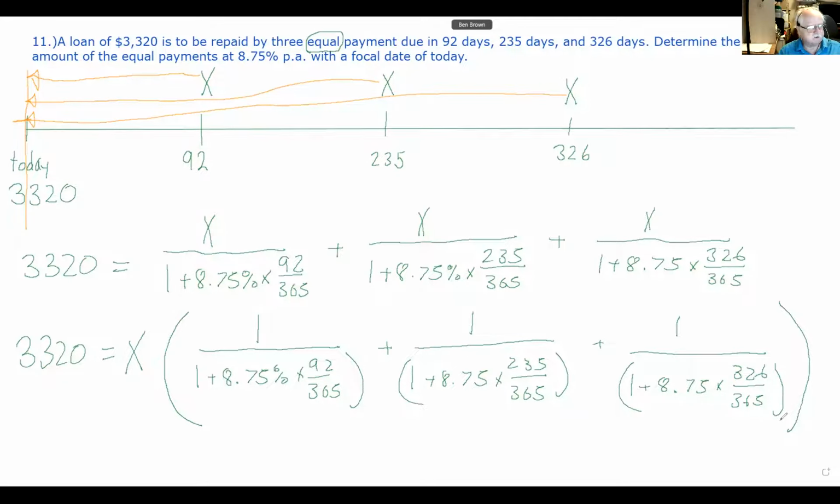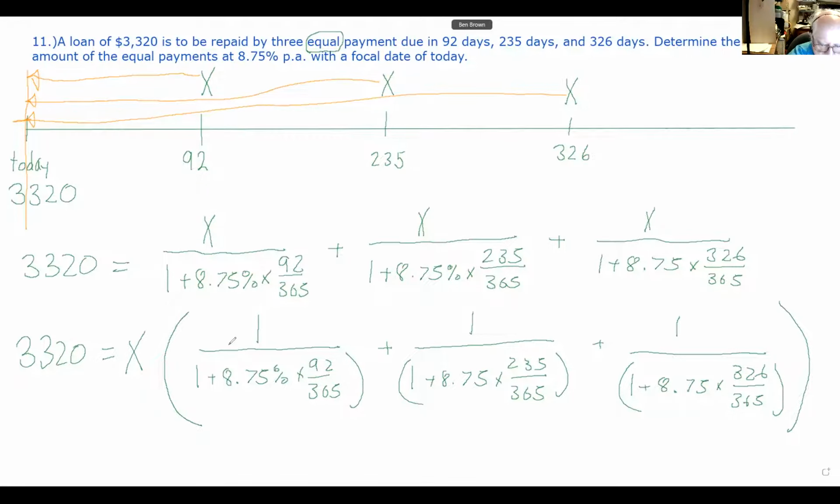And then the next step they're going to get you to do is to divide through. So you get 3320 divided by everything in this bracket equals x. So I'll try to do that on the next page. I just got to make some notes of the numbers that I'm using here.